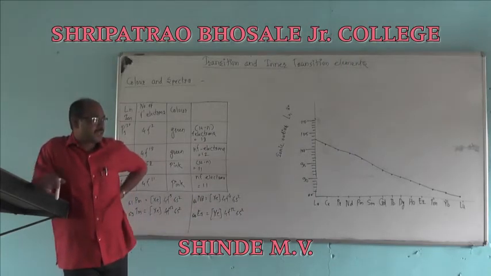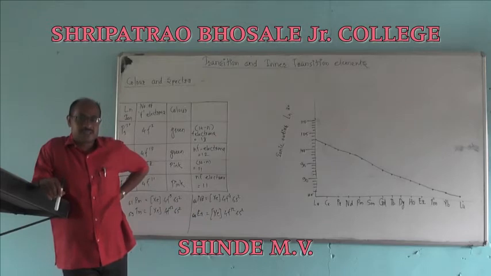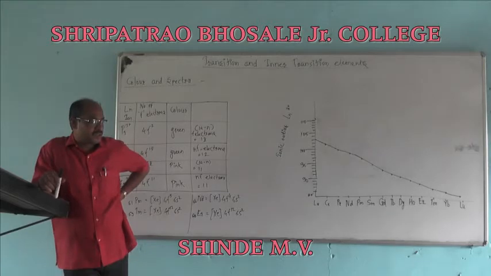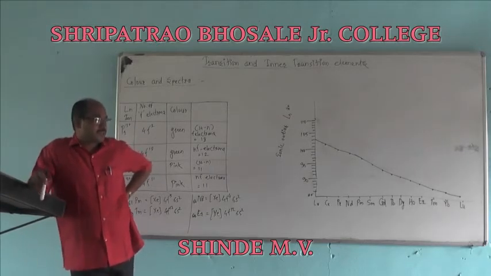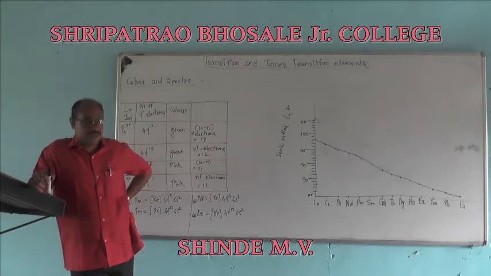Those lanthanoids which show the +2 oxidation state are good reducing agents, and those which show the +4 oxidation state are considered good oxidizing agents.